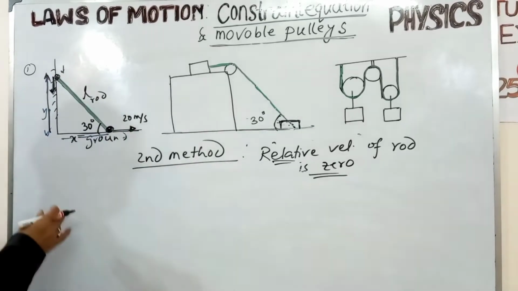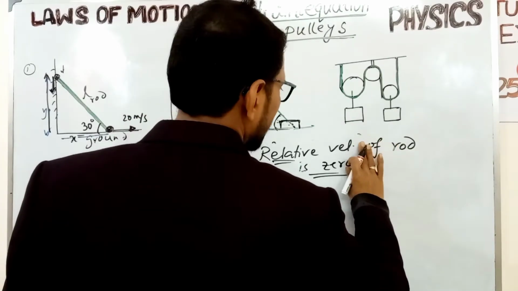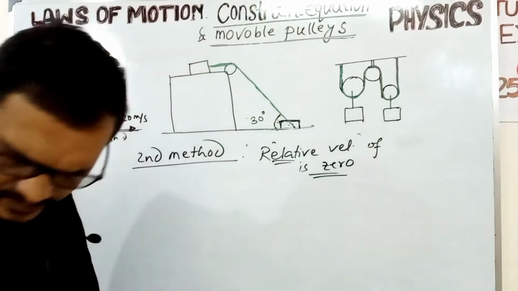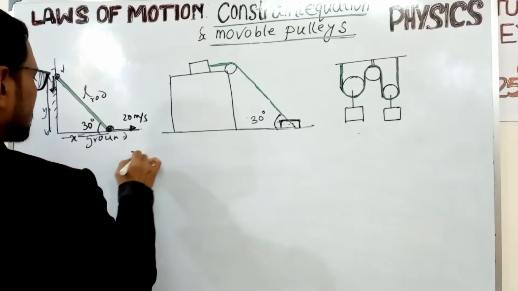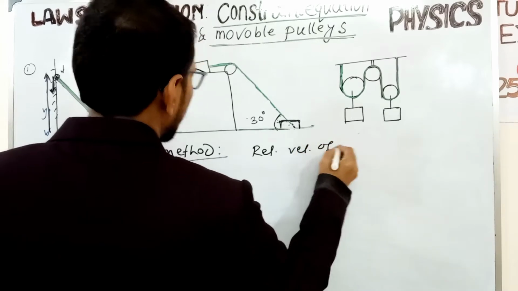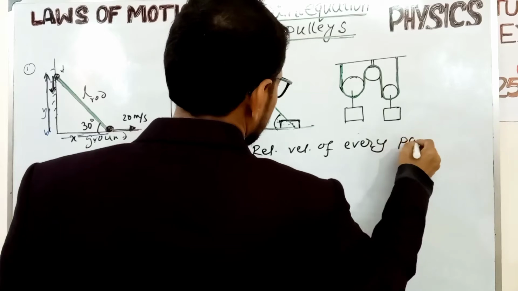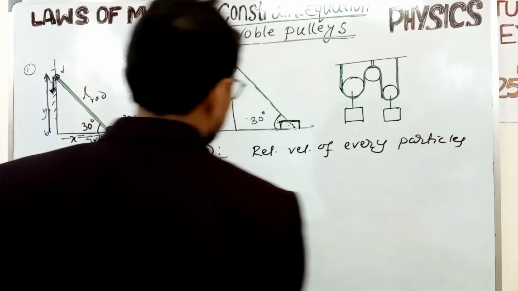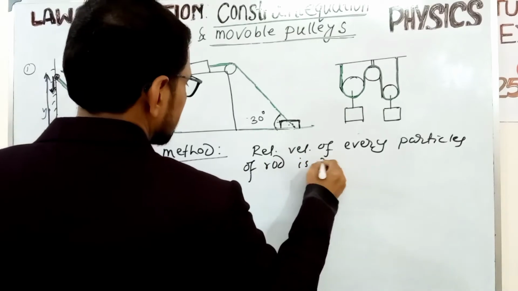Now we take the relative velocity along the rod of every particle of the rod, which is 0.